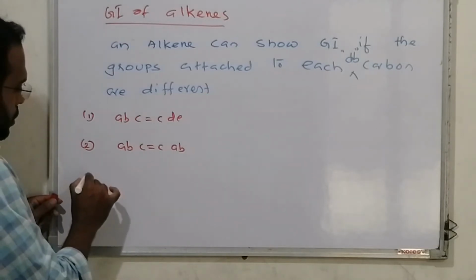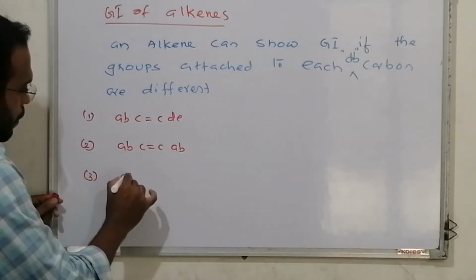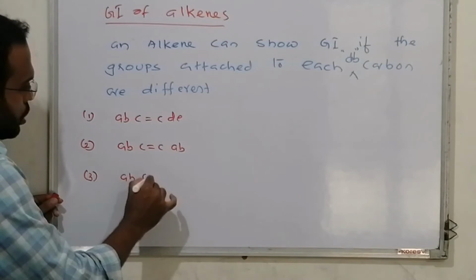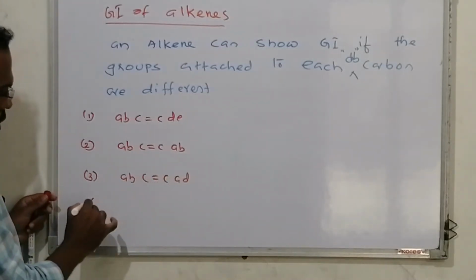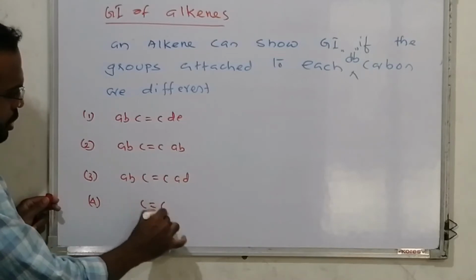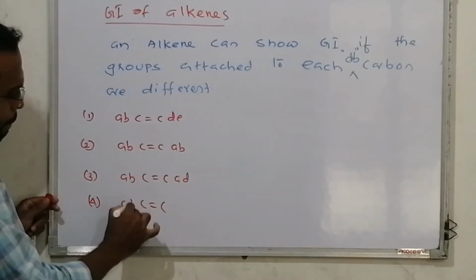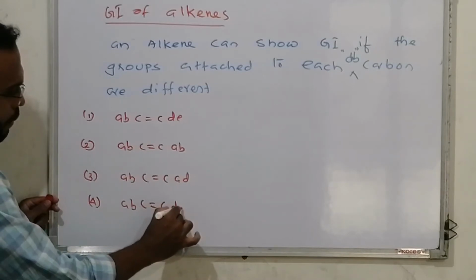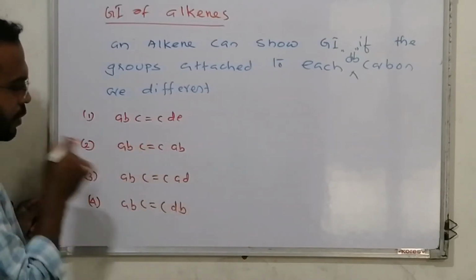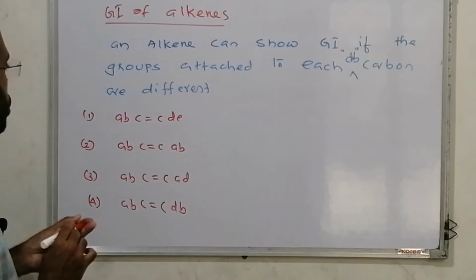Third case: A, B, C double bond C, A, D. Another one: C double bond C with A, B and D, B. What do you have to check?